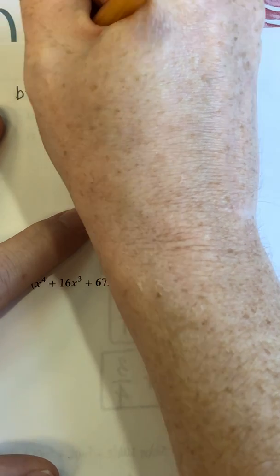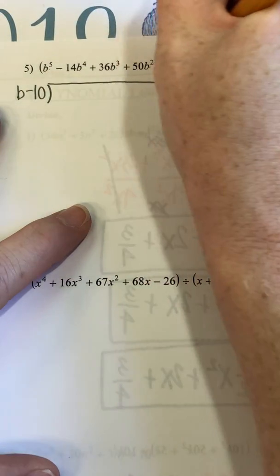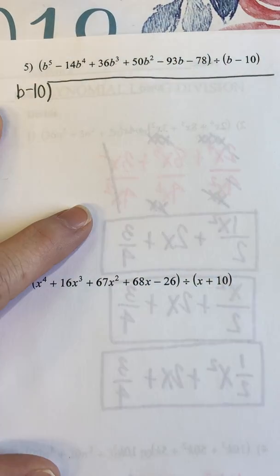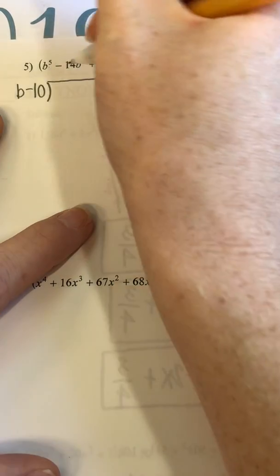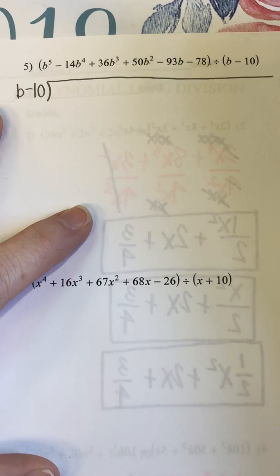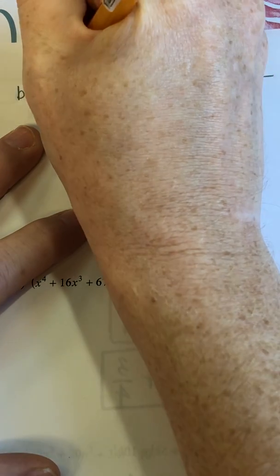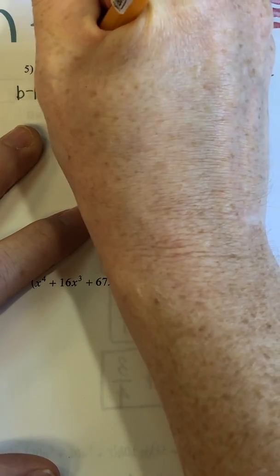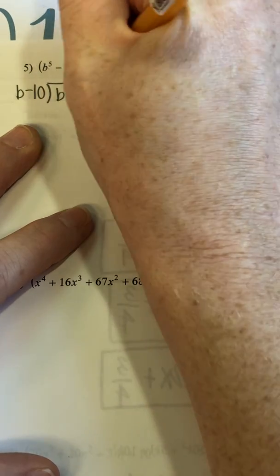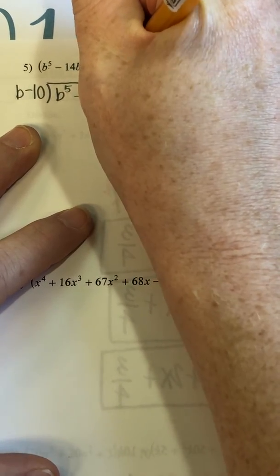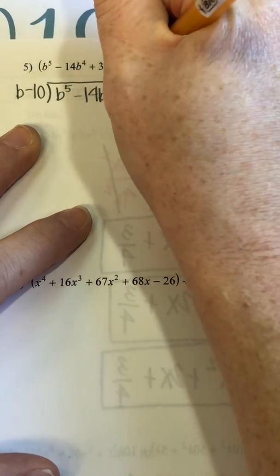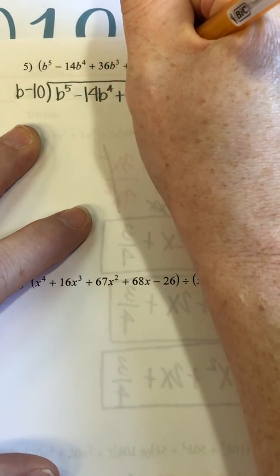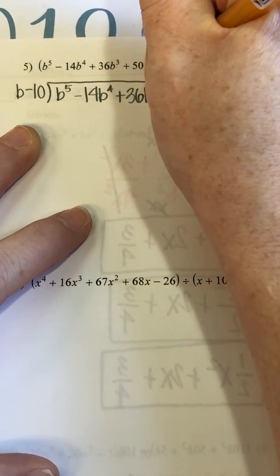And I'm going to write it over here on the outside of my division bar. Since I'm not missing anything, I don't have to worry about filling in any holes. I'm going to very carefully write down the rest of my problem, making sure that I keep this fairly small.